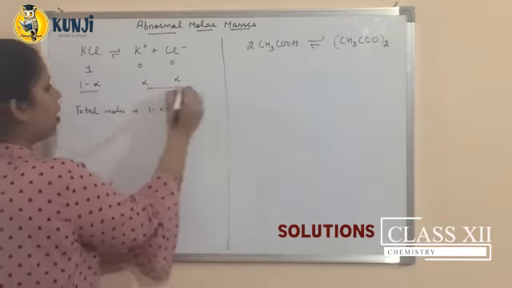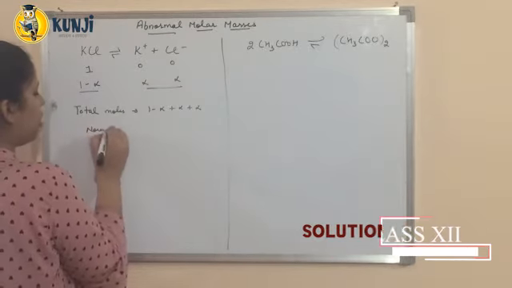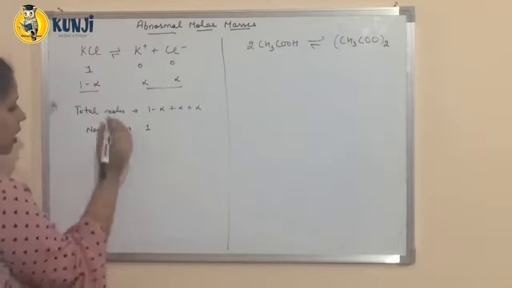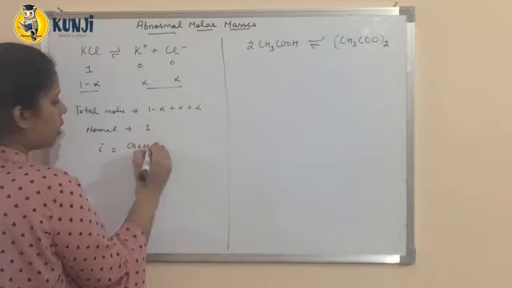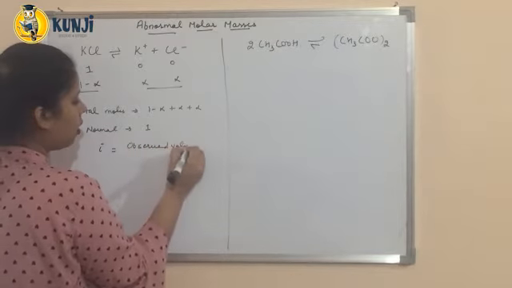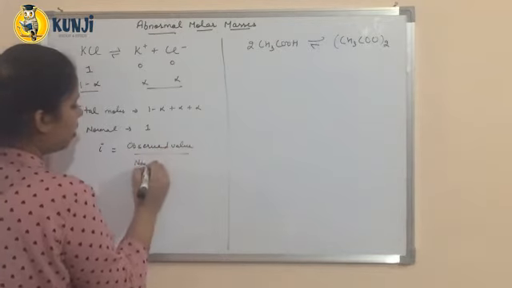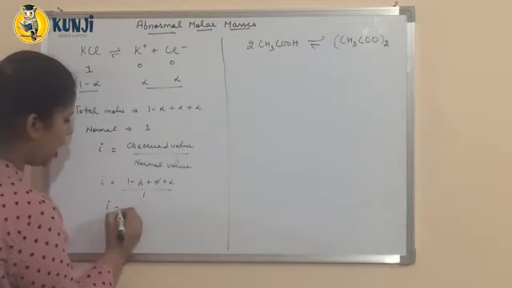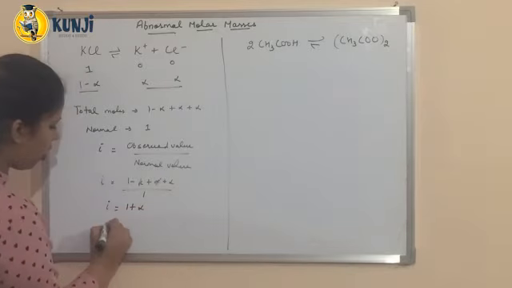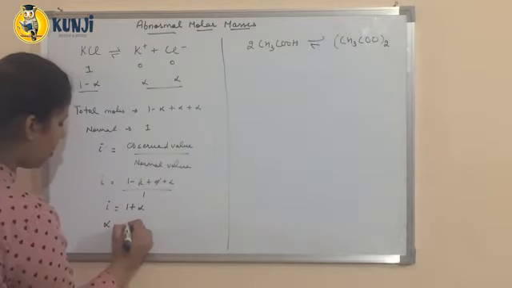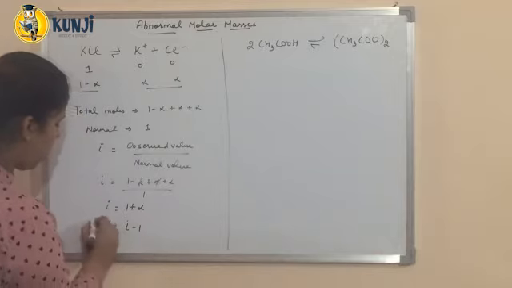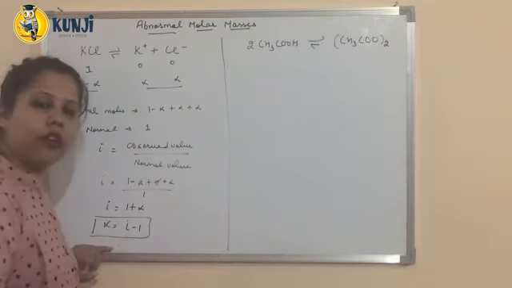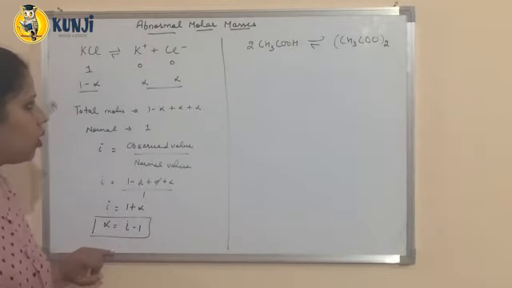And the normal value of moles was 1. According to the formula, i is equal to observed value upon normal value. So here we get i is equal to 1 plus alpha, or alpha is equal to i minus 1. This is the degree of dissociation of the solute.